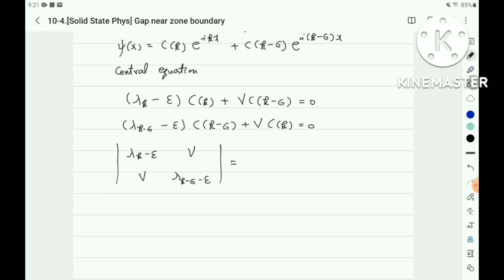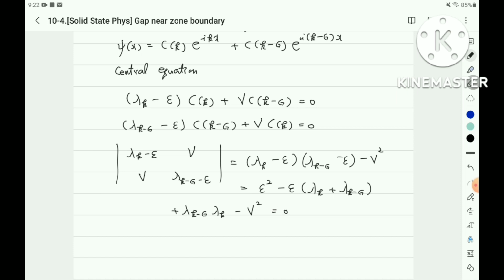Here, (lambda_k minus epsilon)(lambda_{k-g} minus epsilon) minus V square. In this case, epsilon square minus epsilon (lambda_k plus lambda_{k-g}) plus lambda_{k-g} lambda_k minus V square should be 0.